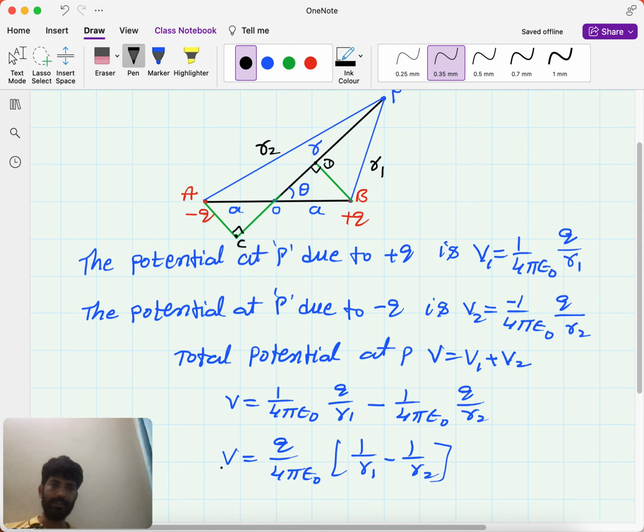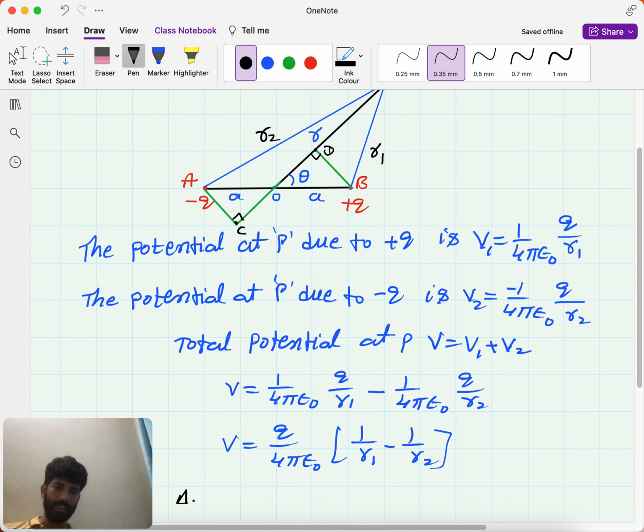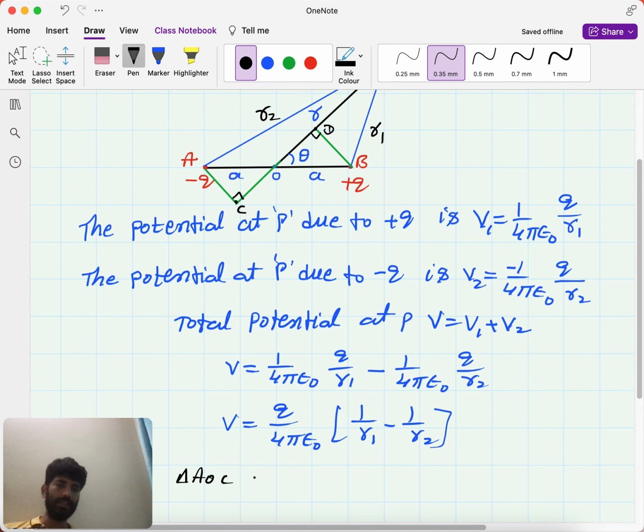Now what are the values? First from the triangle AOC: cos theta is equal to adjacent by hypotenuse. This angle is theta, and this side is also angle theta, similar triangles concept. So cos theta is equal to OC by OA, and OA is nothing but a.